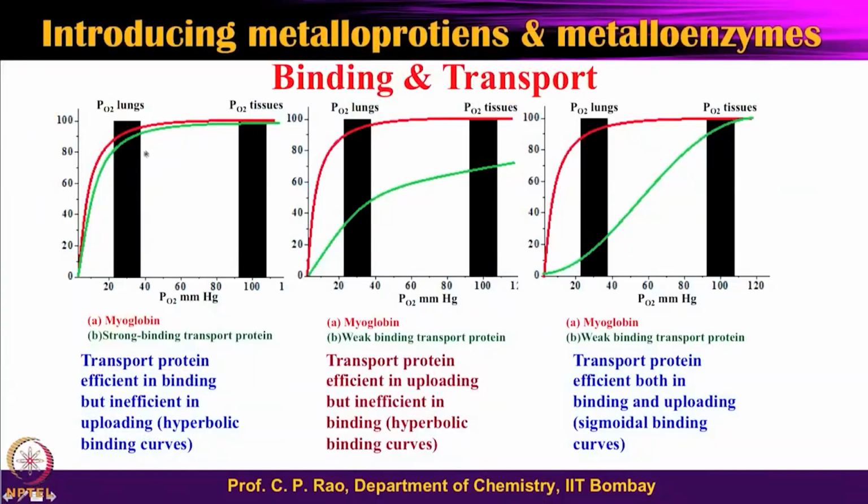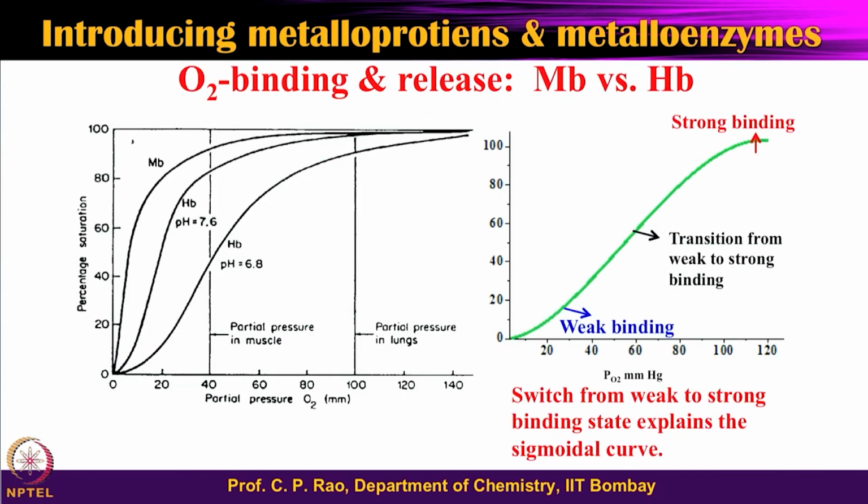The myoglobin case is completely hyperbolic, and if we were to have a protein which should have an optimal binding as well as the transport property, it should have a transition kind of a model, and that transition model will lead to a sigmoidal curve.